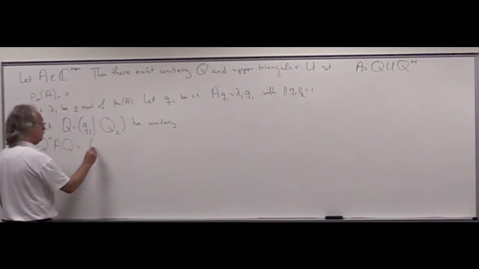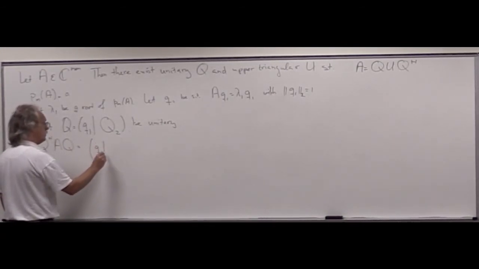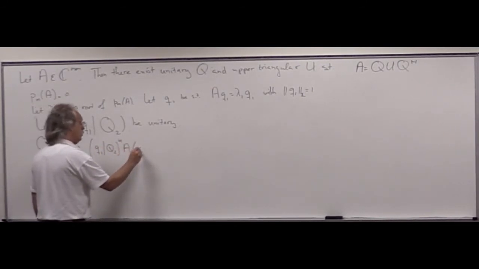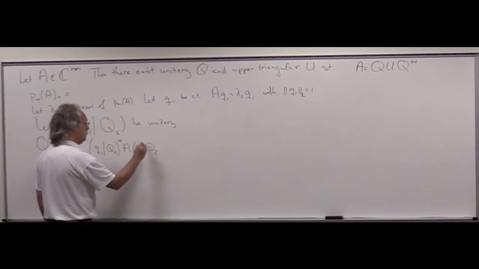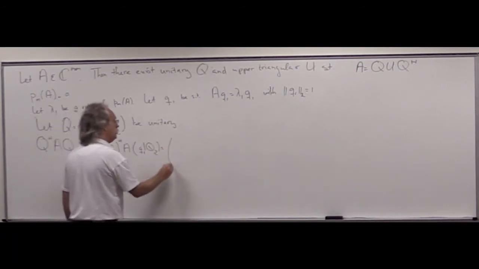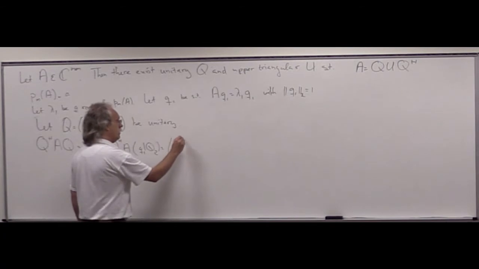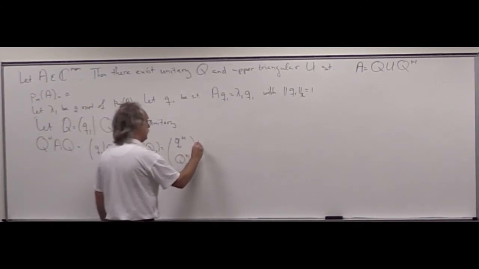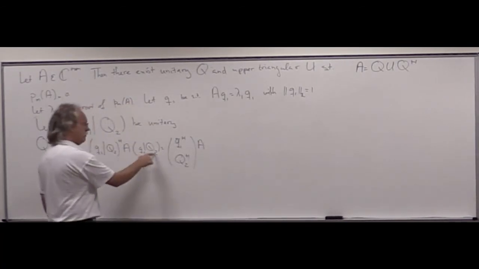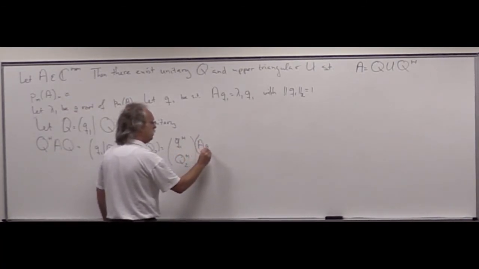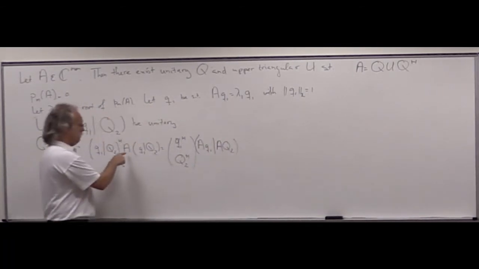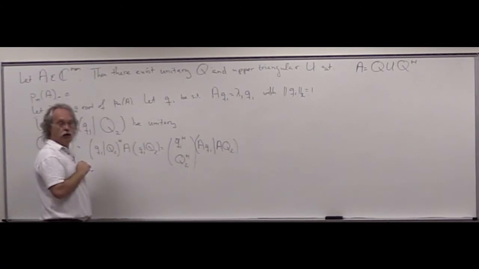Well, we have a partitioned matrix, so we can do [Q1, Q2] Hermitian A [Q1, Q2], which then is equal to Q1 put on its side, Q2 put on its side, times A, and we might as well go ahead and multiply this out. We get A times Q1, A times Q2. That's just multiplying A times the columns, which is the same as multiplying each of the individual columns.